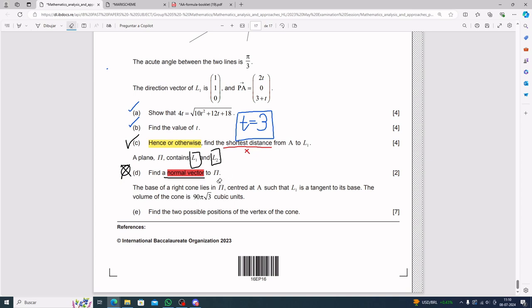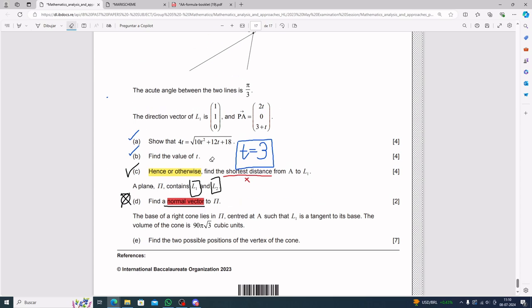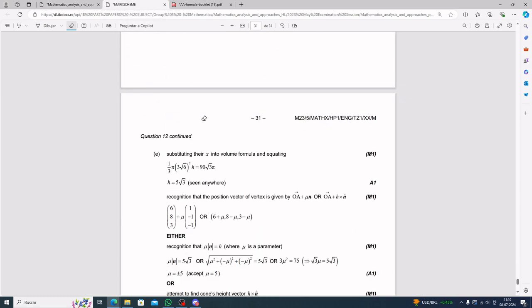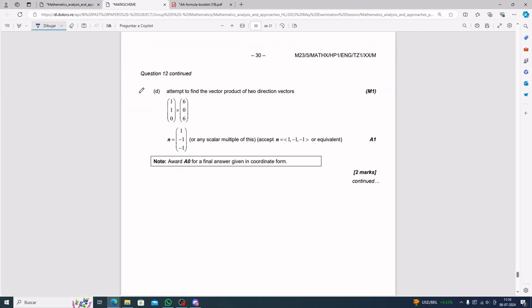Now, how do you actually find a normal vector to a whole entire plane? The procedure is awfully specific, so specific that there's only one method. I'm going to show you in the mark scheme. There's literally only one way to solve it. It's right here.